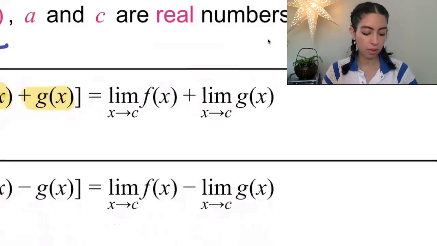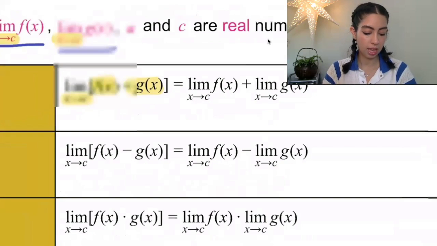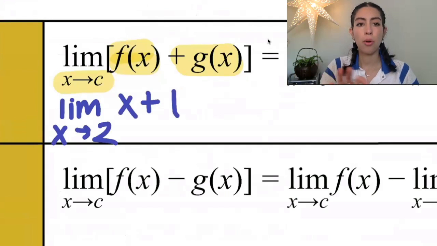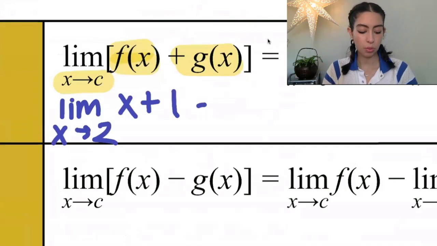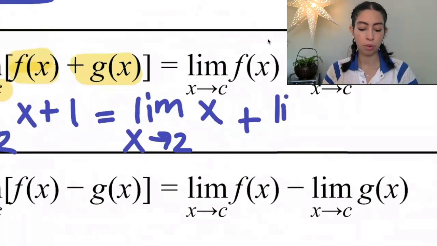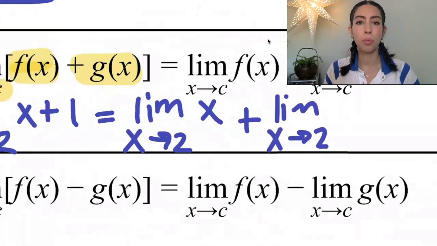So for example, if we have the limit as x approaches 2 of x plus 1. I'm starting with x plus 1 because those are really the two functions that we just saw in the theorem. And so what this property is saying is we can break it apart to the limit as x approaches 2 of x plus the limit as x approaches 2 of 1.